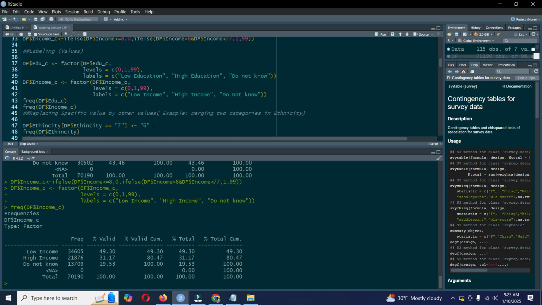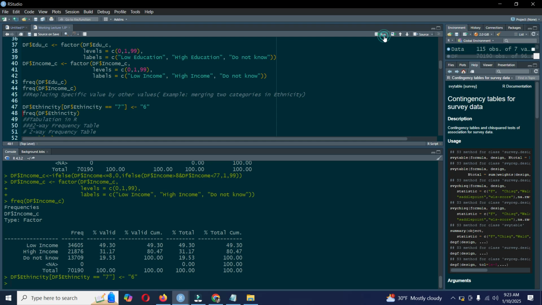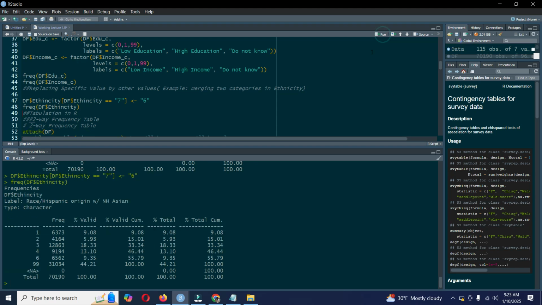So this command will work for that, and you can see now we should have six classes, and then there will be the unknown case that is 99. We can again label this variable according to different ethnic groups. For example, we have Hispanic, non-Hispanic, white, and Asian, and other groups.